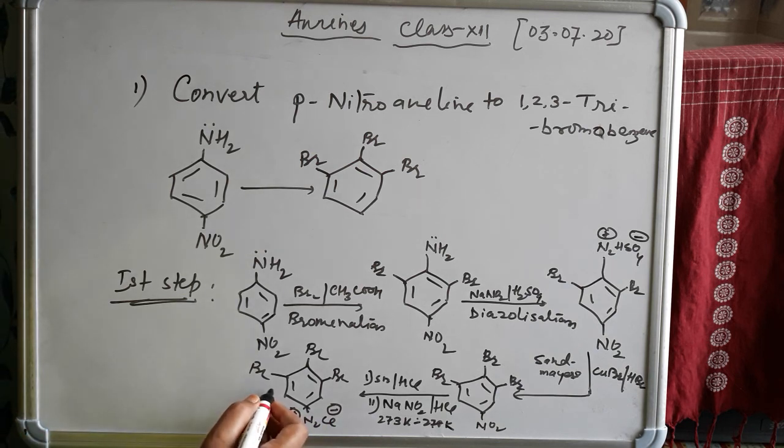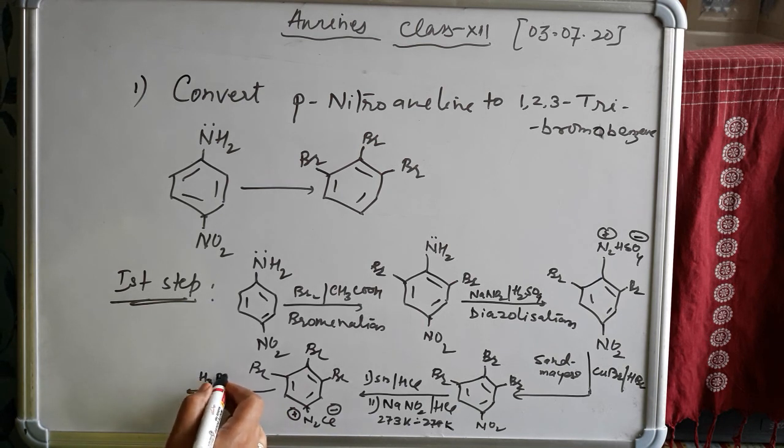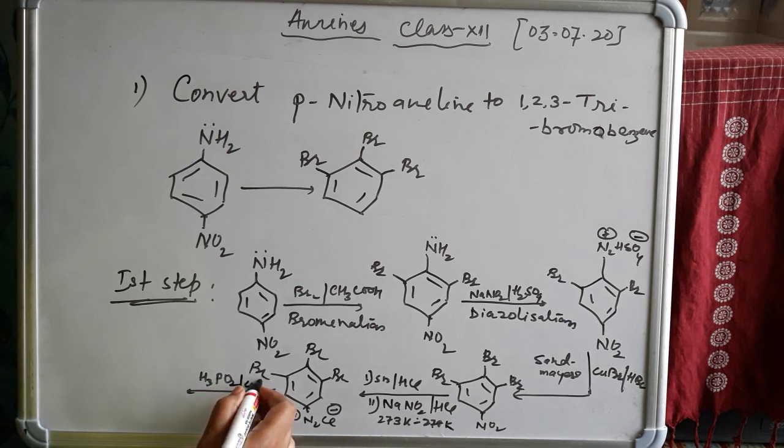After that we will simply treat it with H3PO2 and Cu+, for removal of this group, because when this reagent is used, as we know, this gets reduced and that gets oxidized.